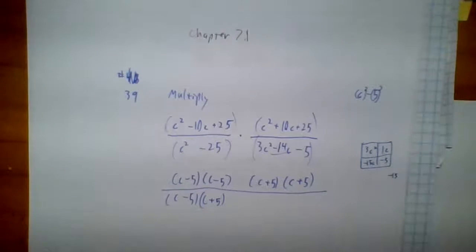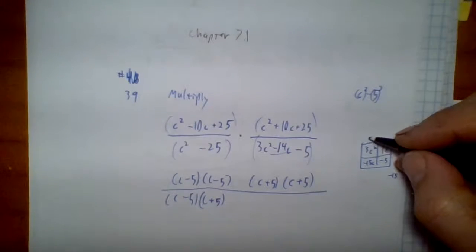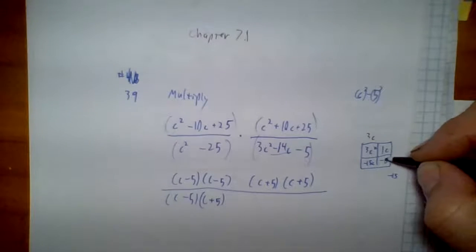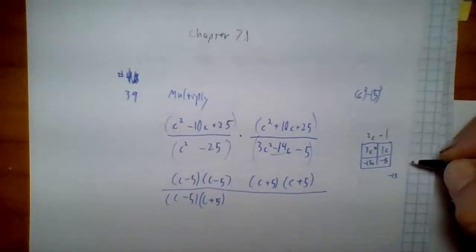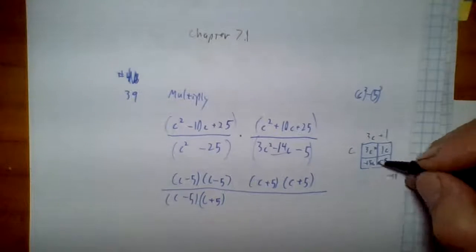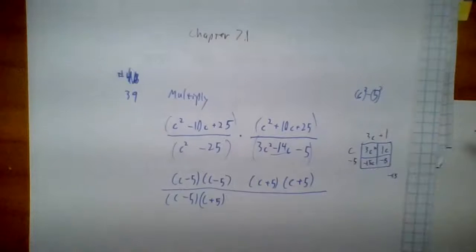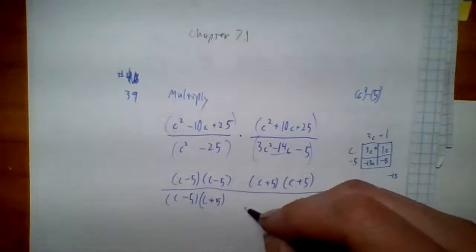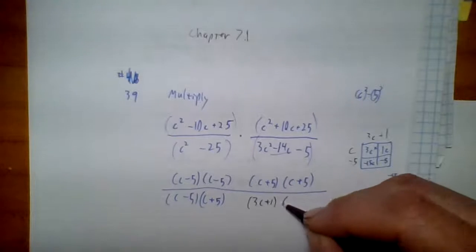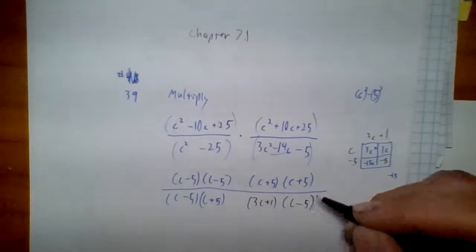I still need to do inside-out stuff to get the numbers on the outside of the box that are in my actual factors: 3c and 1. Here's a case where these two things don't have anything in common. The GCF is 1. Here they have a c in common. And here the minus is in this row, so this is a minus 5 common factor there. So I got factors 3c plus 1 and c minus 5.